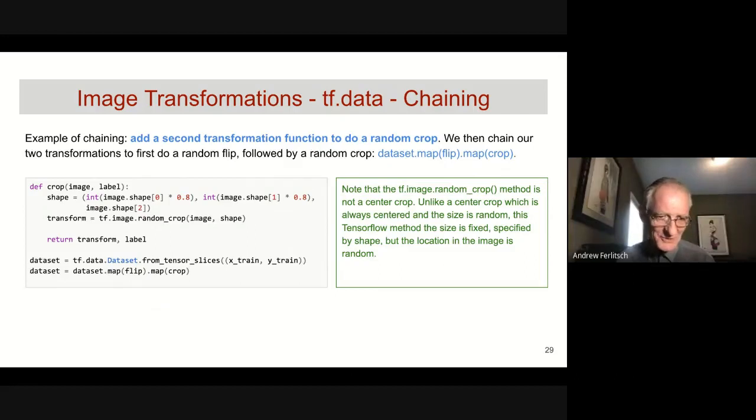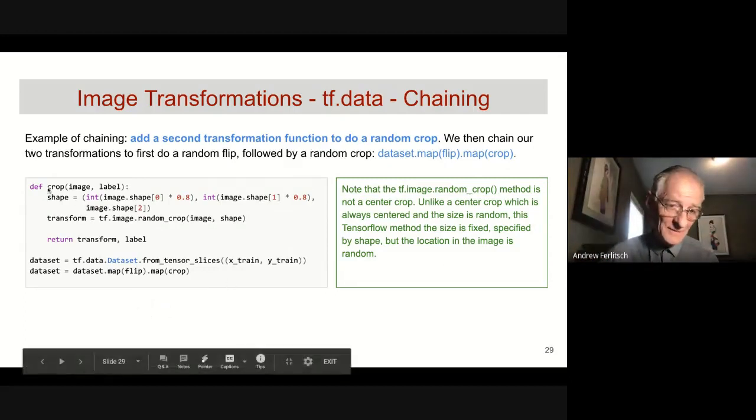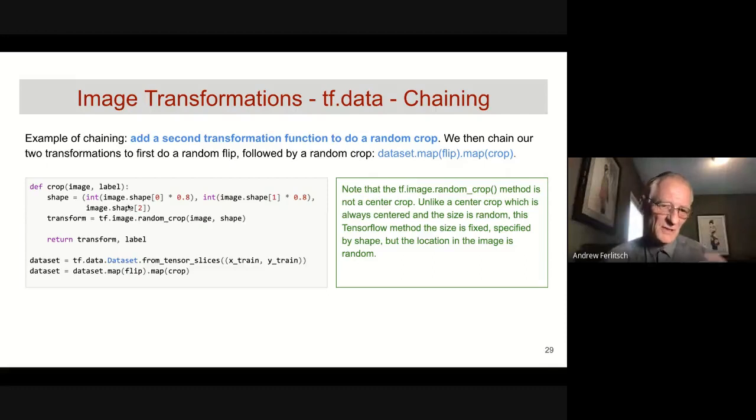This just shows you how you can chain together different transformation functions. So let's add in a second one. I'm going to call it crop. Obviously, the input is an image and a label pair. This is just my implementation. In random crop in the tf.image package, you specify the shape, and it randomly selects, it's not the center, where in the image to do the crop. So I have to come up with a shape. That's what I've done here.